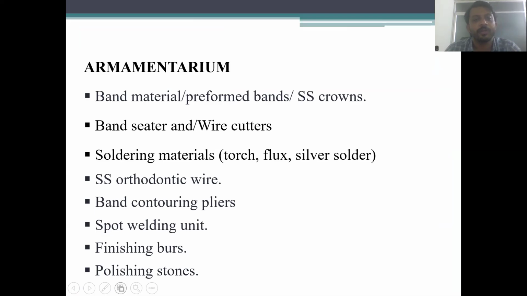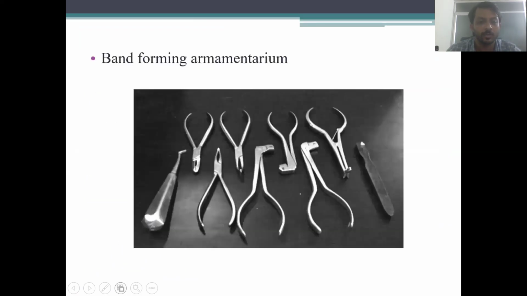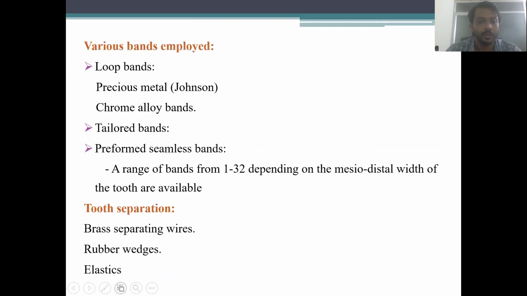Armamentarium used are band material, which can be preformed bands or SS crowns, band seaters and wire cutters, soldering materials, stainless steel orthodontic wires, band contouring pliers, spot welding unit, finishing burrs, and polishing stones. These are the various armamentarium used for band and loop space maintainers as well as other fixed space maintainers.